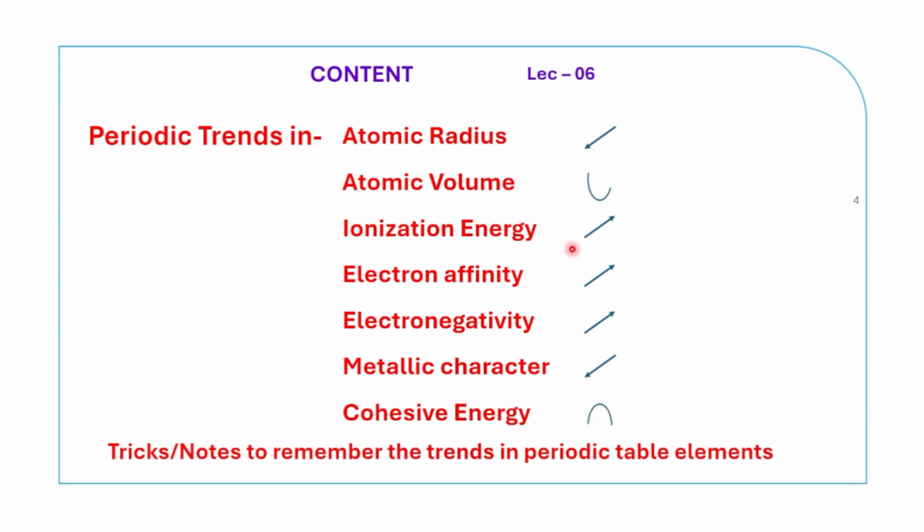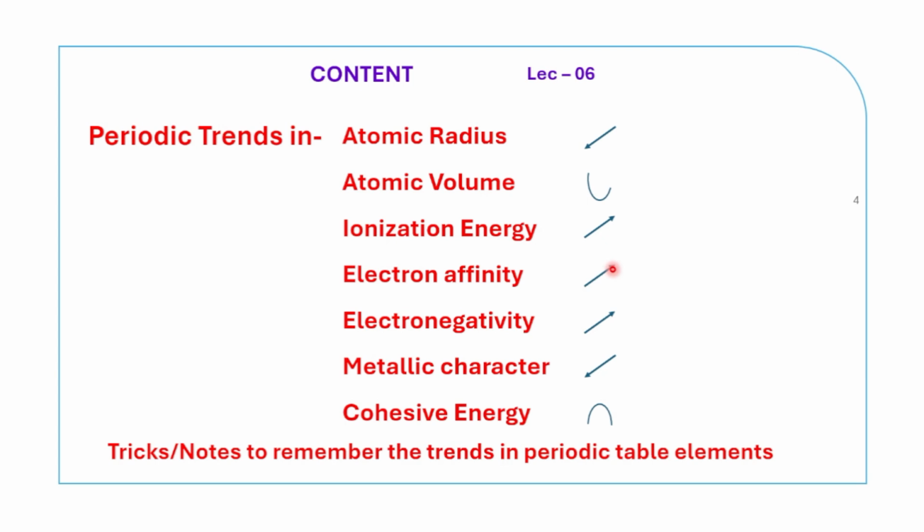Atomic radius and metallic character, in these two trends, you can see the down left arrow, so they increase in the down left corner of the periodic table. Whereas ionization energy, electron affinity and electronegativity, these three properties increase in the upright corner of the periodic table.